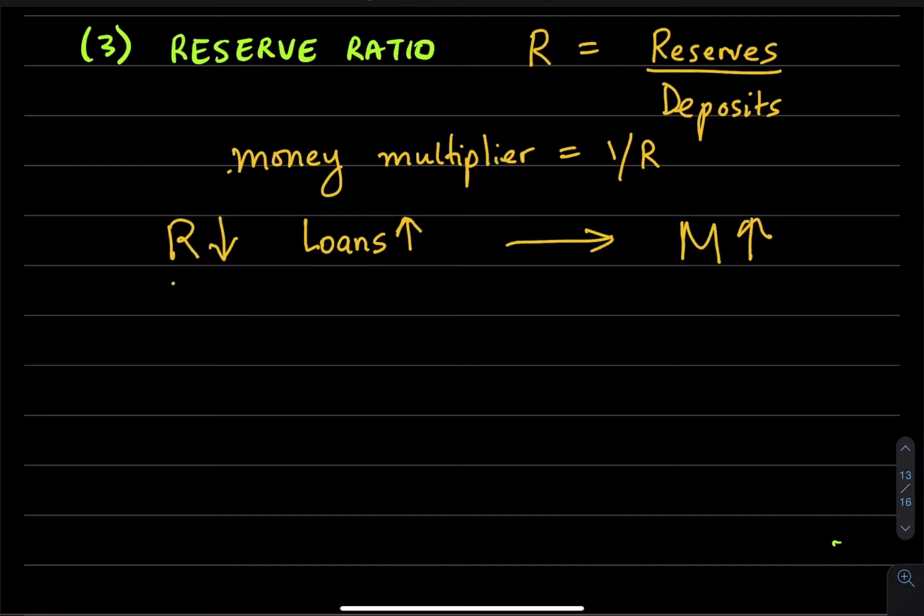And the flip side here would be that if the reserve ratio was increased, banks are able to make less loans, and this decreases the quantity of money in the system.